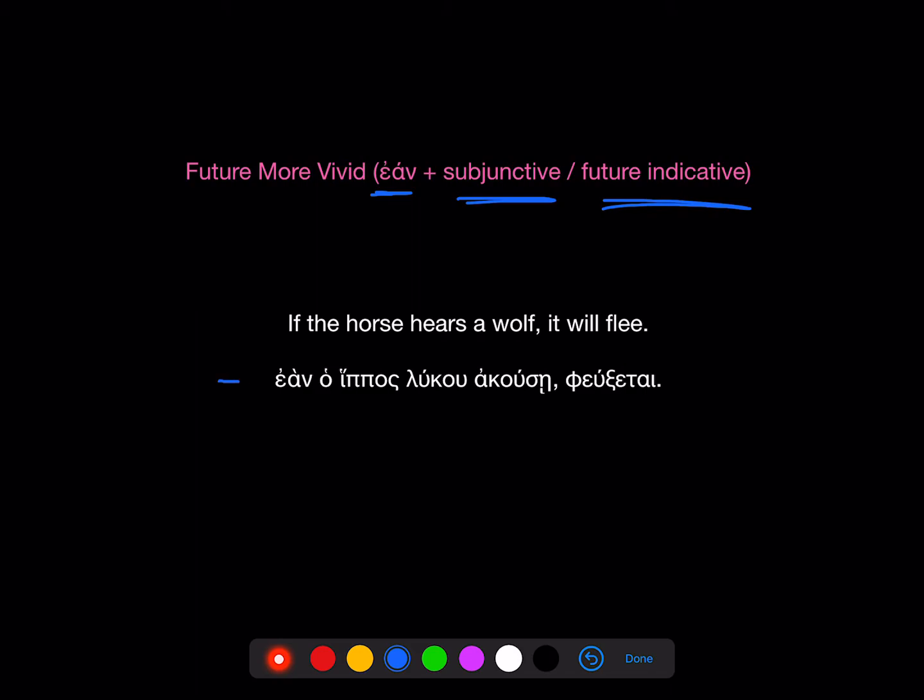So ean ho hippos lukon akousei, pheuxetai. So I have my aorist subjunctive here. I could use a present subjunctive if I wanted imperfective aspect. And I have my future indicative right there. If the horse hears a wolf, it will flee.